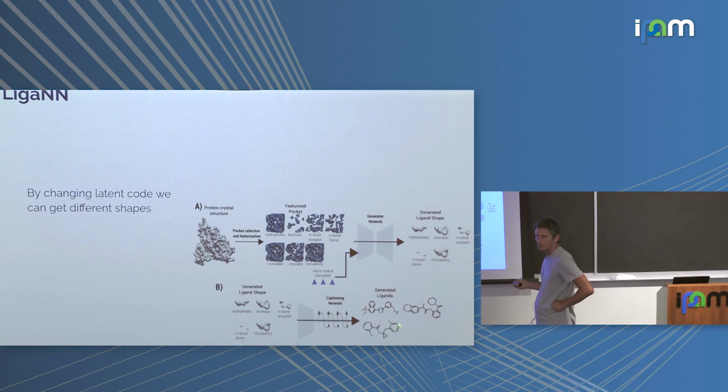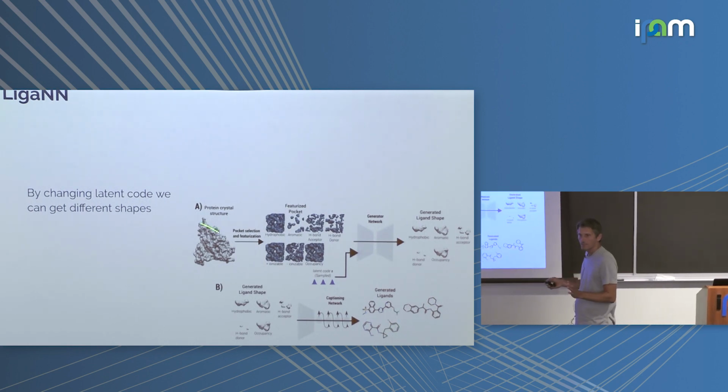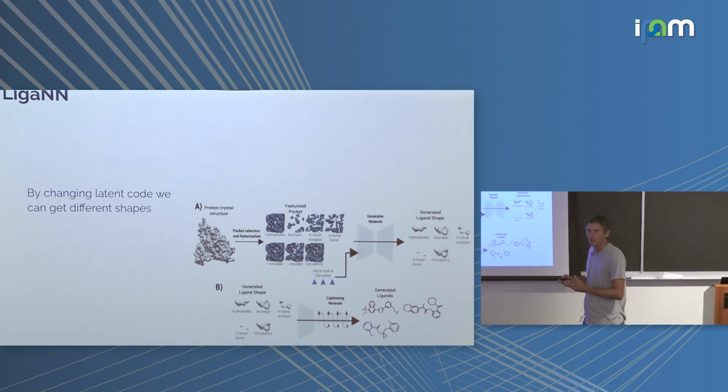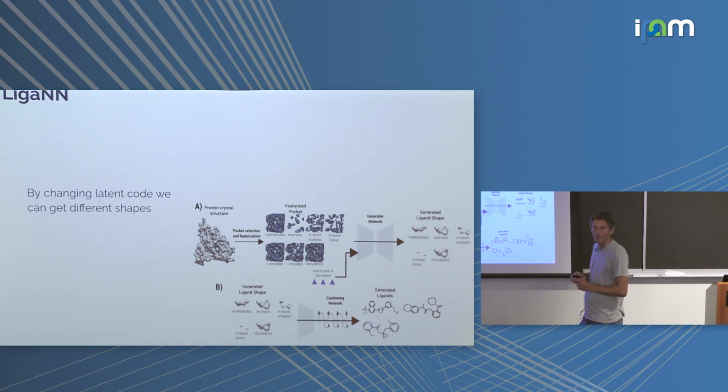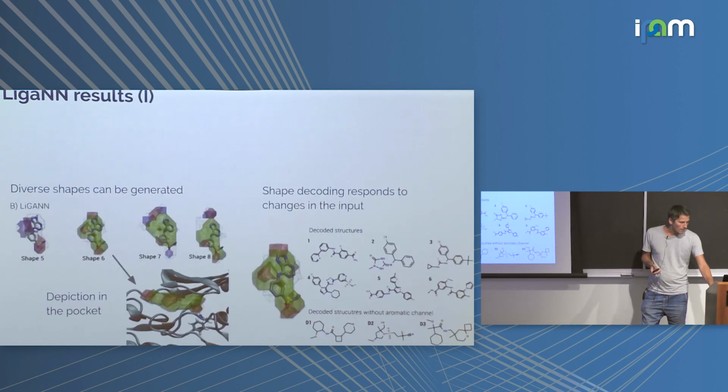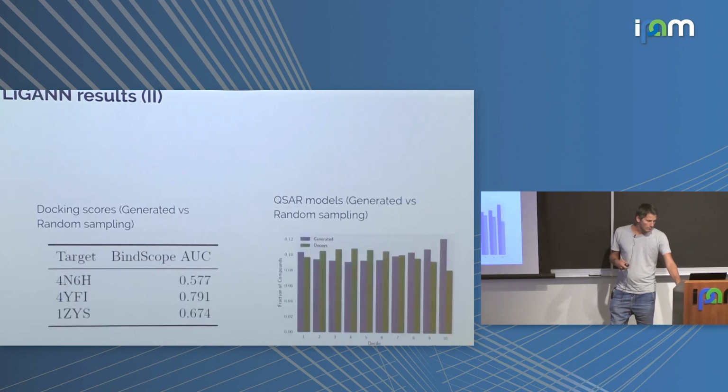So it's kind of the same as the other one, but instead of using a variational autoencoder, we use a GAN to generate the shape. And this worked a little bit better, but again, not substantially better.